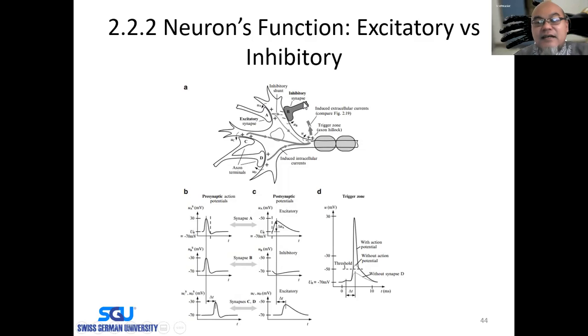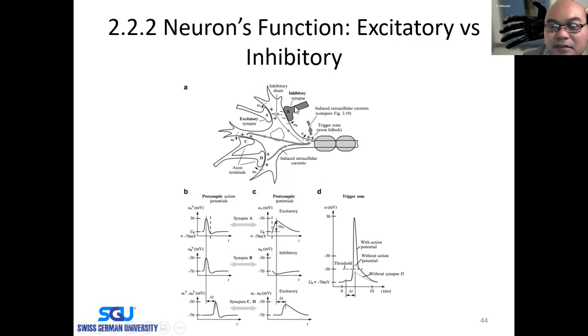Inhibitory, on the other hand, creates a signal that will inhibit the signal from the other synapse. For example, this is an excitatory synapse, which will create a higher positive potential that will work towards the excitation at the trigger zone, which will be propagated throughout the axon.